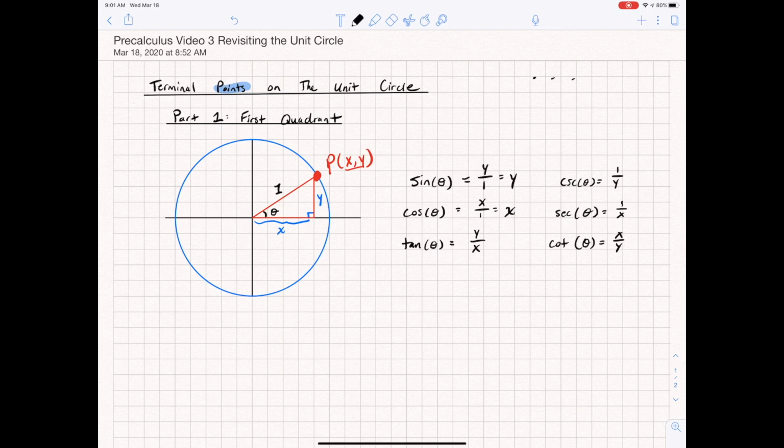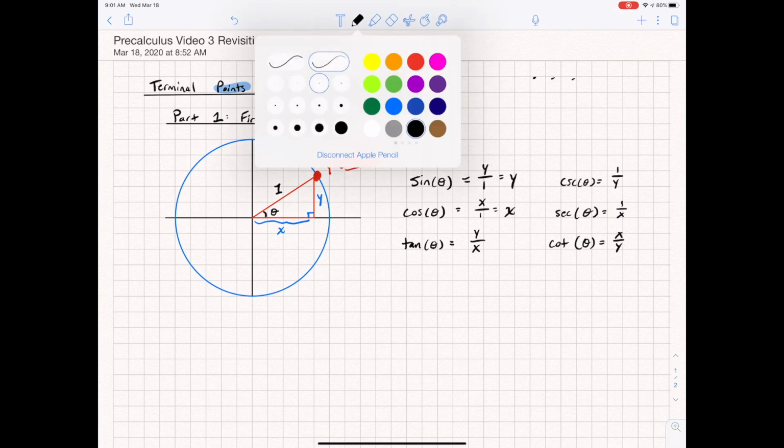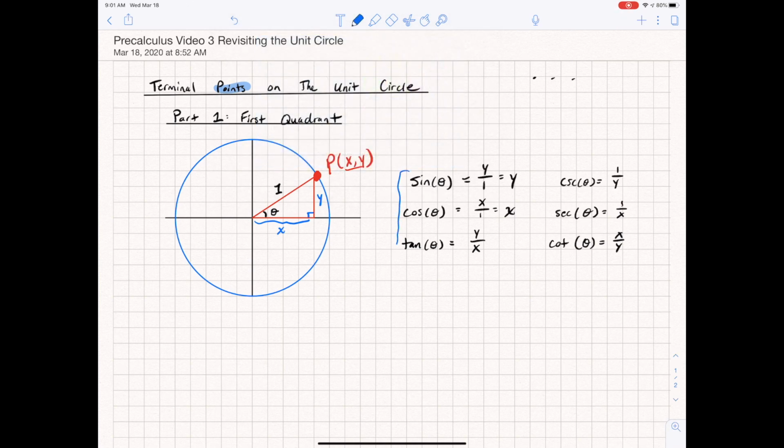In terms of what we're going to focus on in the next couple of pieces, I'm really just going to worry about the big 3, and primarily just sine and cosine, because sine and cosine actually describe x and y on the dot. Sine is associated with the y value, cosine is associated with the x.